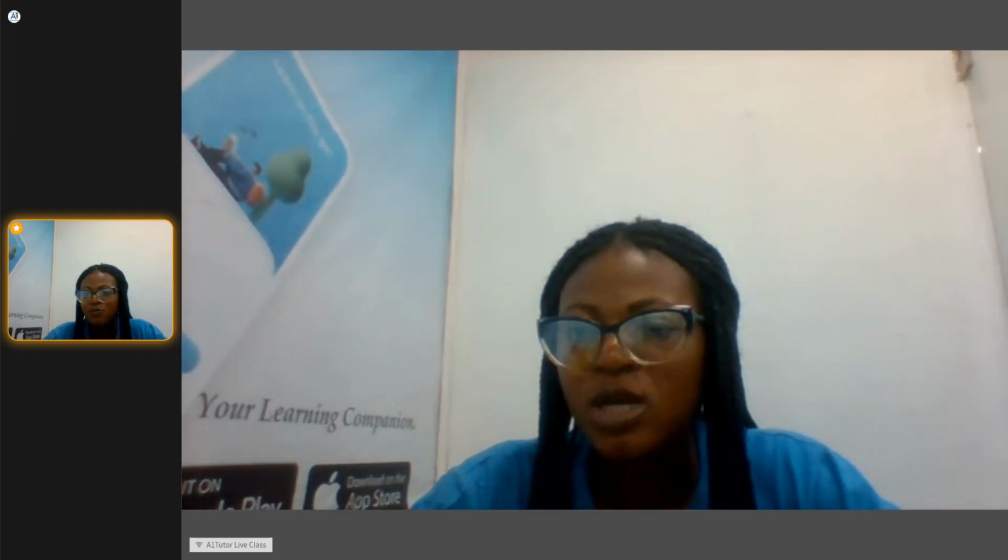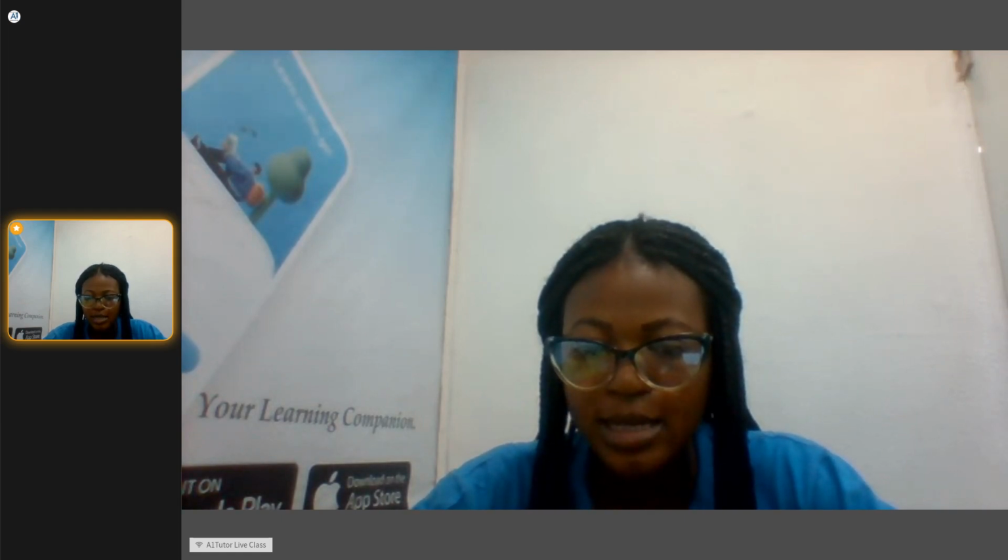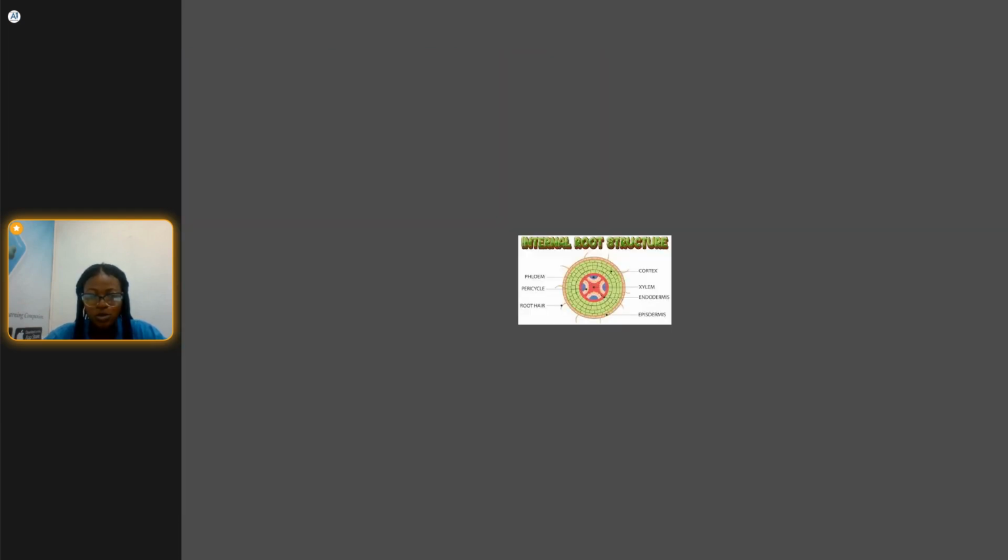I believe we can all see what is on the board. This is the internal structure of a root. Look at the parts. This is how it looks. We are going to look at all these parts one after the other.